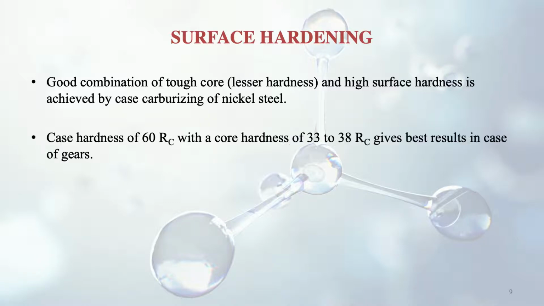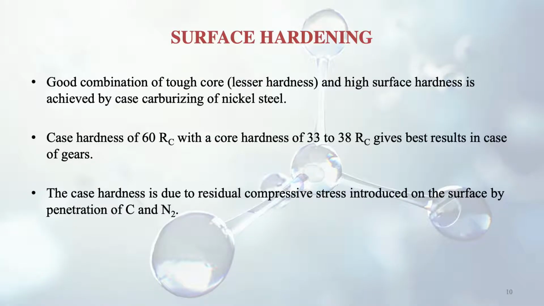A case hardness of 60 Rockwell hardness number, with a core hardness of 33 to 38 RC, will give us the best result in the case of gears. So when we are manufacturing gears, the core will be hardened up to 33 to 38 Rockwell hardness number, and the outer surface will be hardened up to 60 RC.